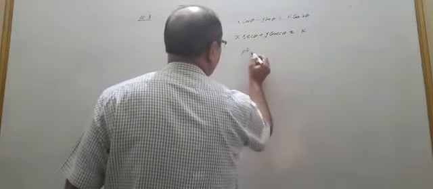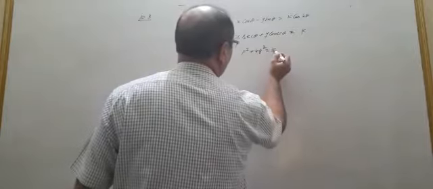Then prove that p square plus 4q square is equal to k square.